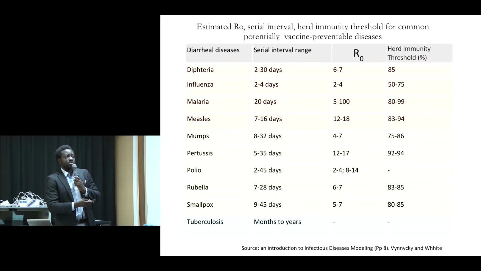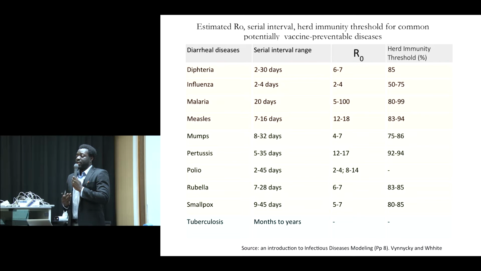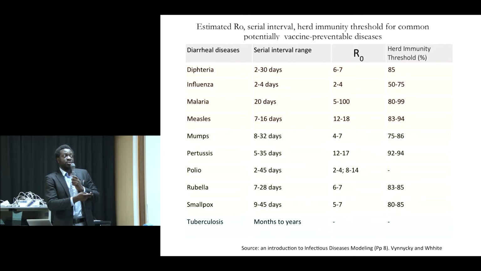Measles has a very high R naught, meaning that measles can transmit very effectively, because one person with measles can give it to 12 up to 18 other people, compared, for example, to influenza, which can give it to 2 to 4 people.